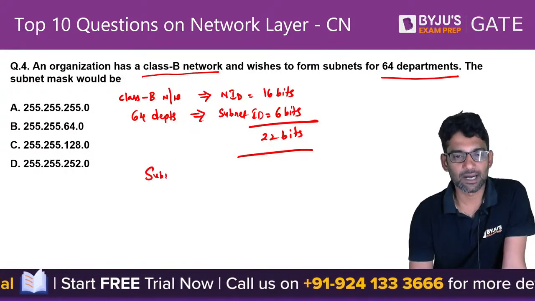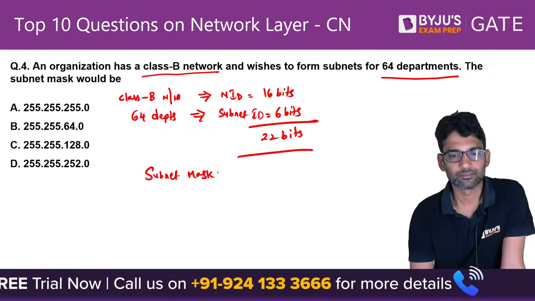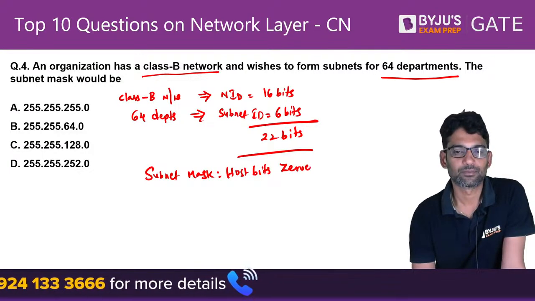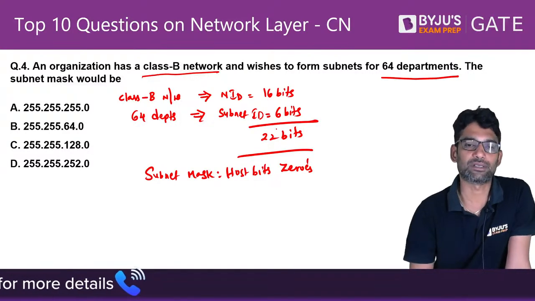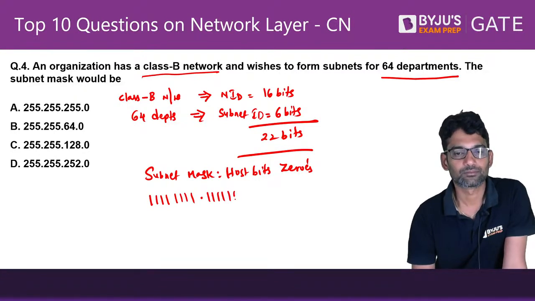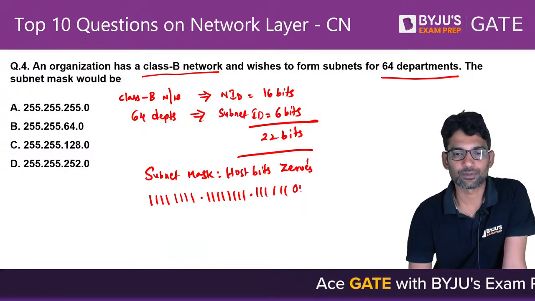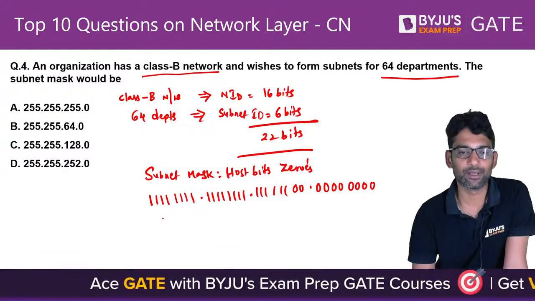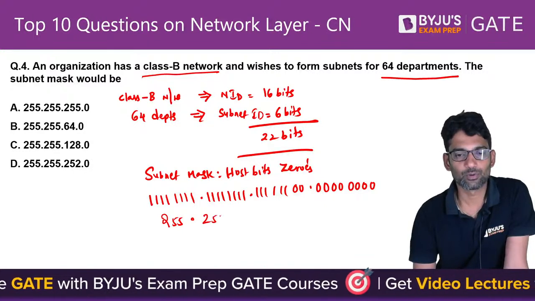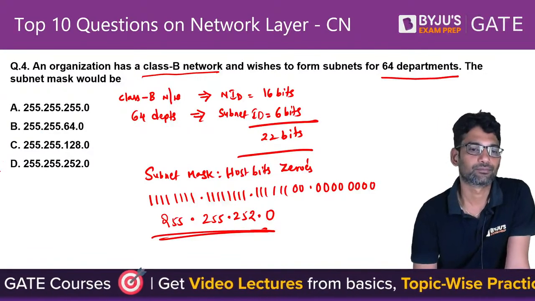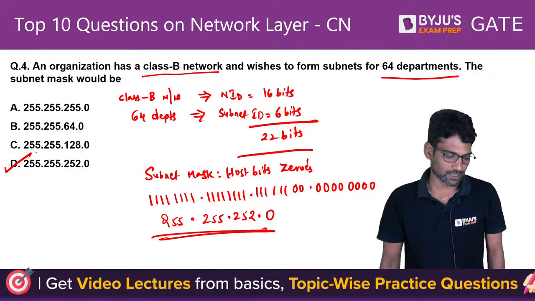In subnet mask, host bits should be zeros. Non-host bits should be ones. So 22 ones, remaining zeros out of 32. So this would be 255.255.252.0. So option D is the right answer.